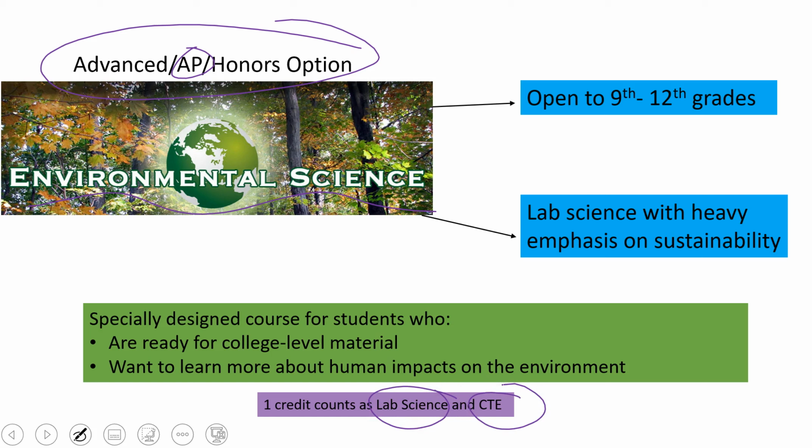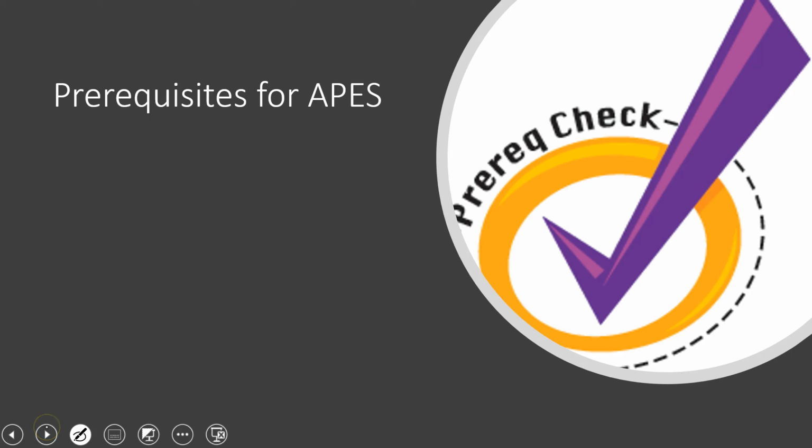CTE, by the way, is career and technical education, of which you need 1 credit to graduate high school. So both physical science and agriculture and AP Environmental Science get you a lab science and a CTE credit in 1 credit class.